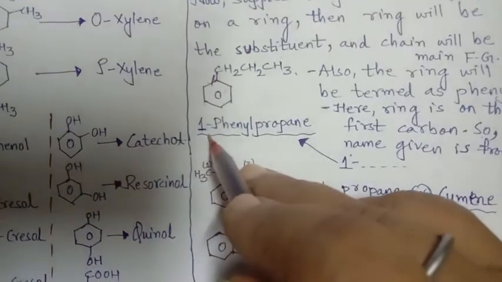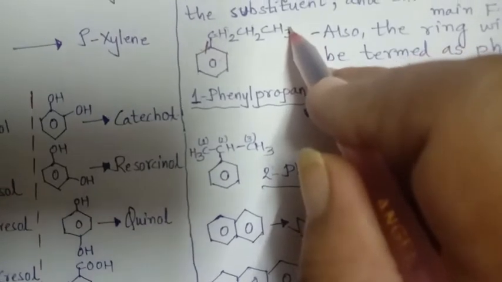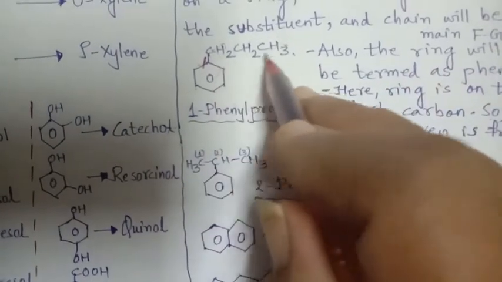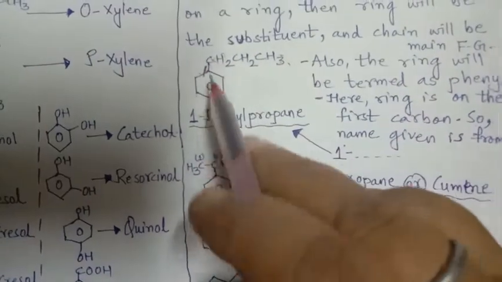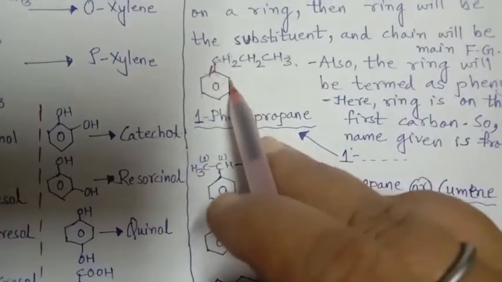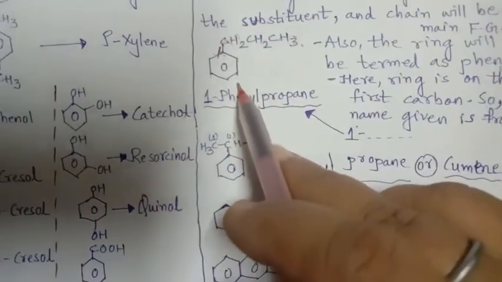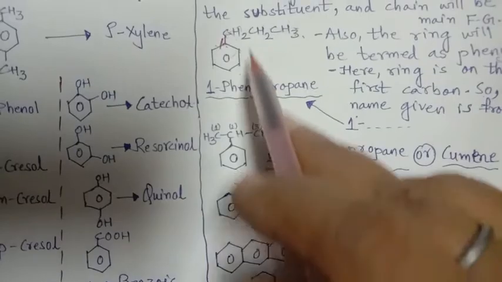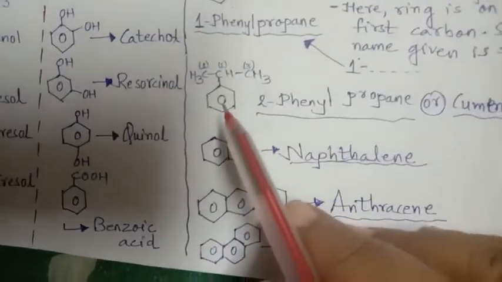On the first carbon how many carbons are there? 1, 2, 3. Clear? So our name will be 1-phenyl propane. First carbon, benzene ring, so it will be considered as phenyl. 1-phenyl propane. Clear here? Let us see this example.